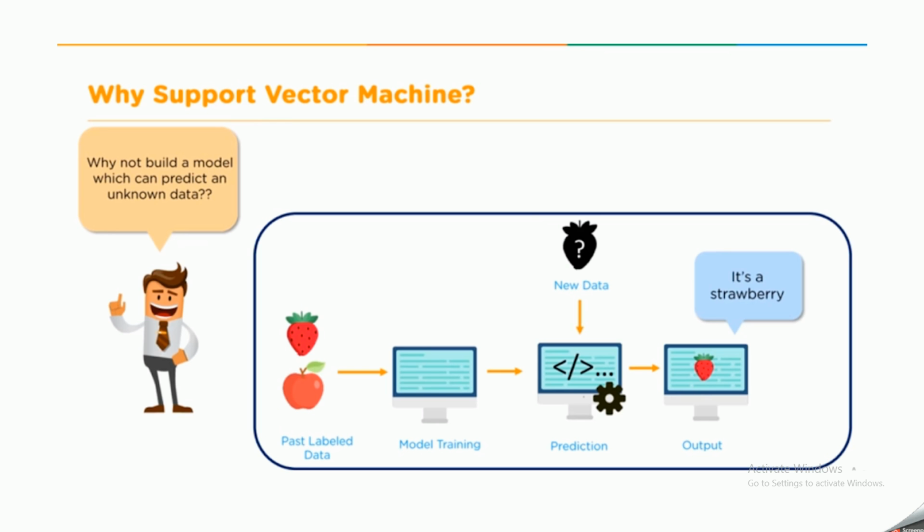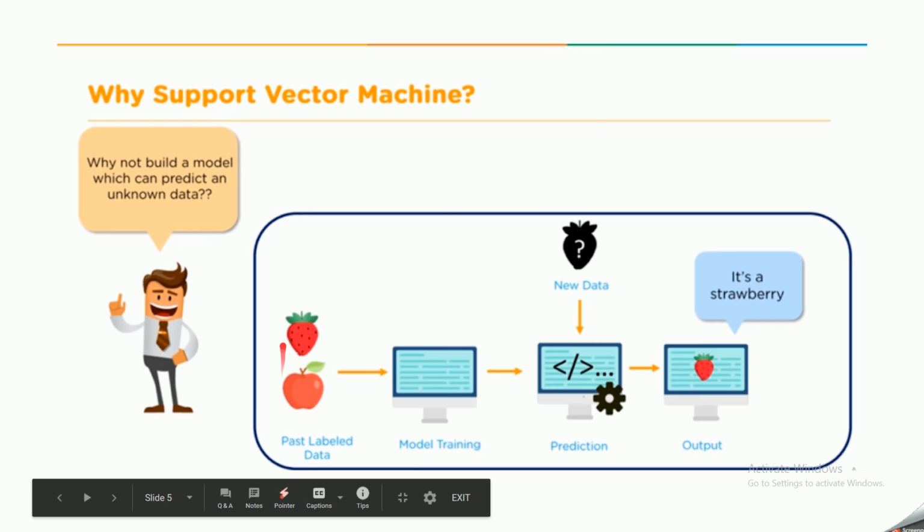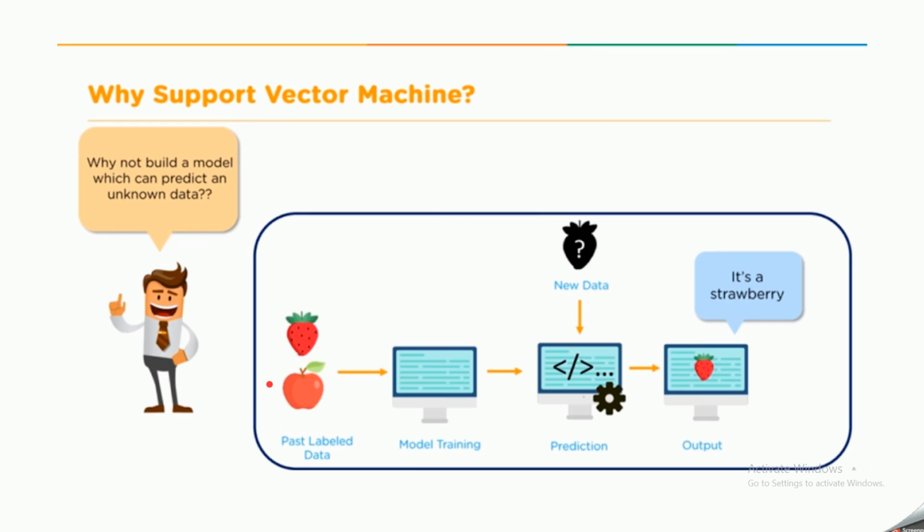Now, why support vector machine? If you see the diagram over here, what does it show? Why not build a model which can predict unknown data? You have two different types of fruits, strawberry and apple, which is nothing but your labeled data. If you all remember, labeling is a must in supervised learning.